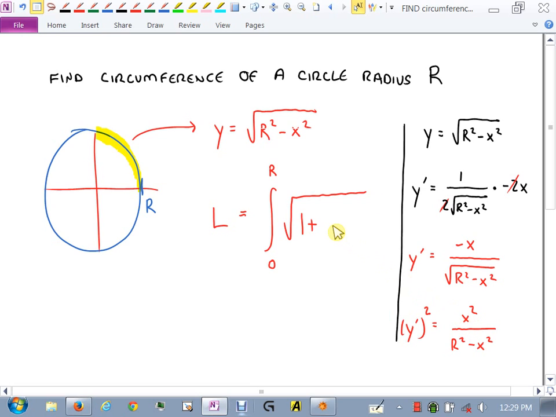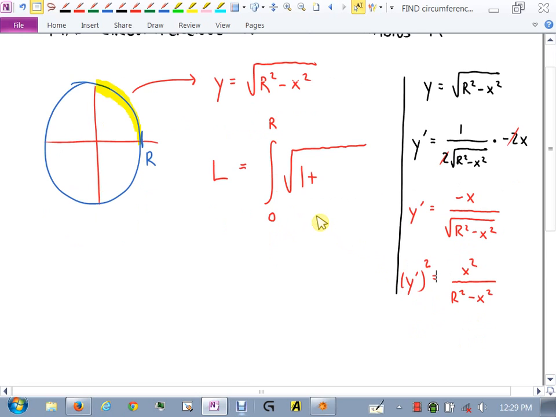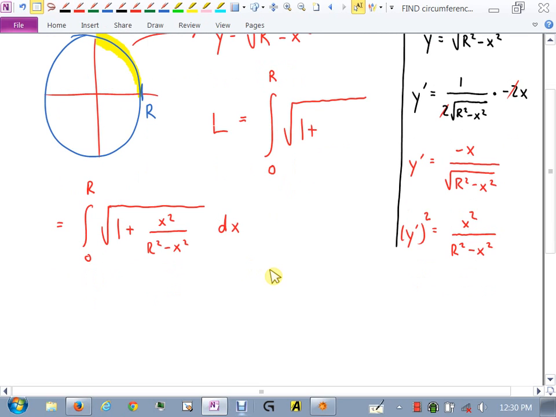That piece goes right there next to the 1. So my length is equal to the integral from 0 to capital R of the square root of 1 plus x squared over capital R squared minus x squared, all of that dx. Ooh. So how would you integrate this? Well, we have 2 terms underneath the root, right?